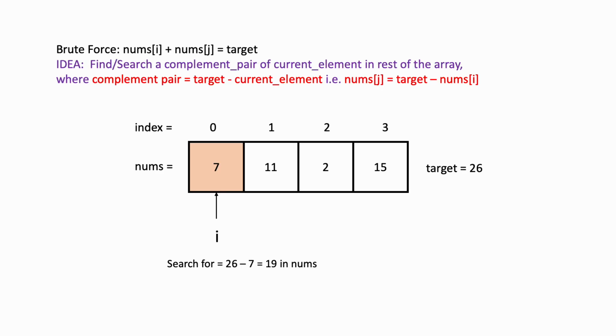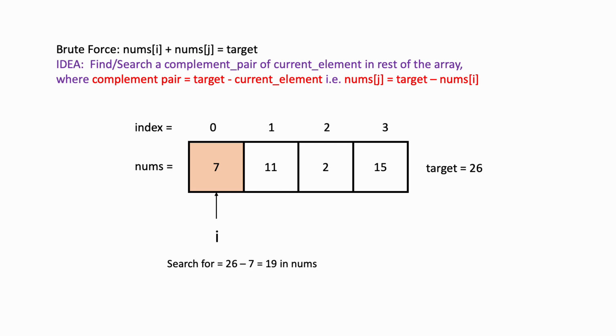Let's talk about how to approach the solution of the problem. In brute force, we checked the sum of each possible pair in nums to see if it's equal to the target. We did it by adding nums of i plus nums of j and checking if it's equal to the target.